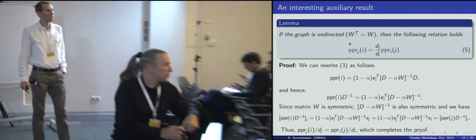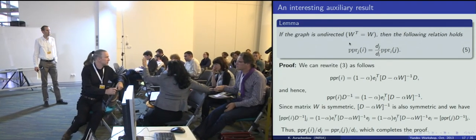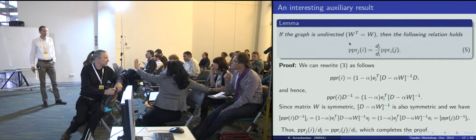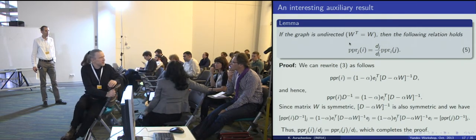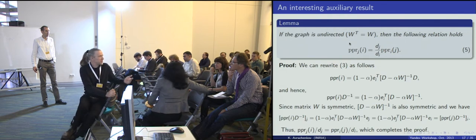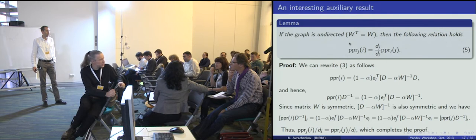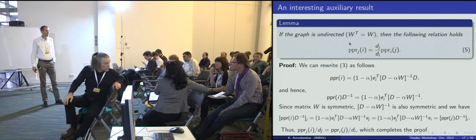Yeah, it's time reversal, and it should be related to time reversibility in an undirected graph. But what if you use the terminating random walk? I start with I, and at each step I terminate with some probability.